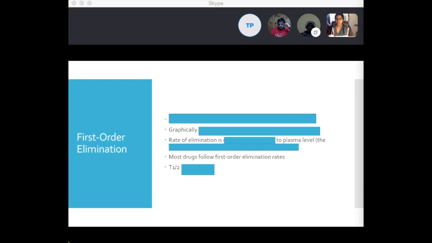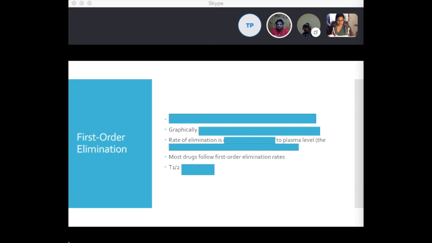So then we'll go on to first order. Can anyone tell me what is happening with the drug in first order? It's getting eliminated compared to how much you've given, on the concentration basis? How much of the drug is being eliminated? Half of it, proportionally?